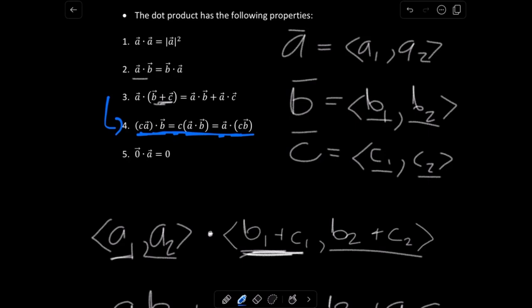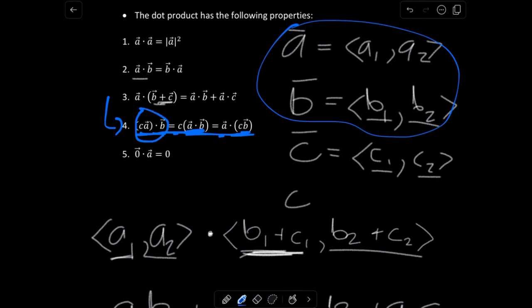So you can multiply it by vector A, you can multiply it by the actual dot product, or you can multiply it by vector B first. It doesn't matter. Just do the multiplication wherever you want to. Okay, so that's 4, and you can prove that one. Just pick a constant and work with these two vectors here. You'll see that if you work out what this is and what that is and what that one is, it's going to be the same thing.